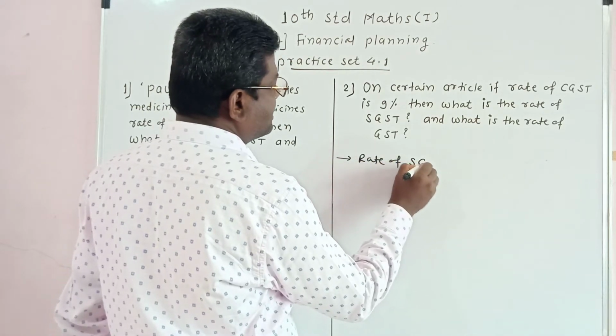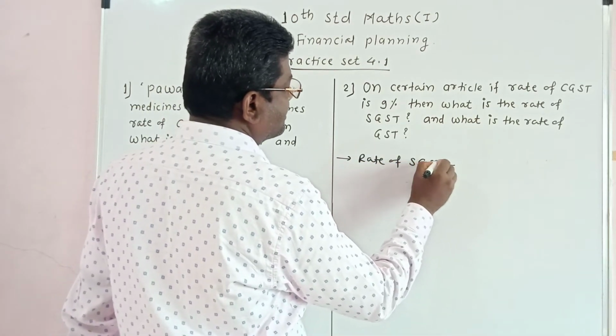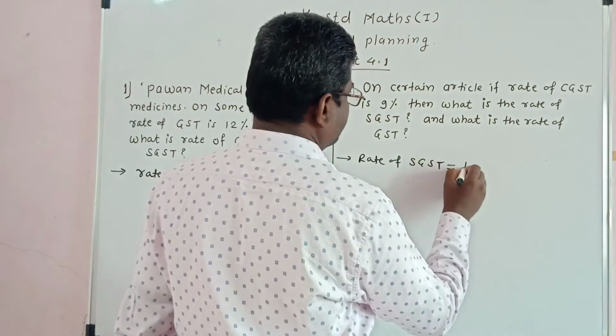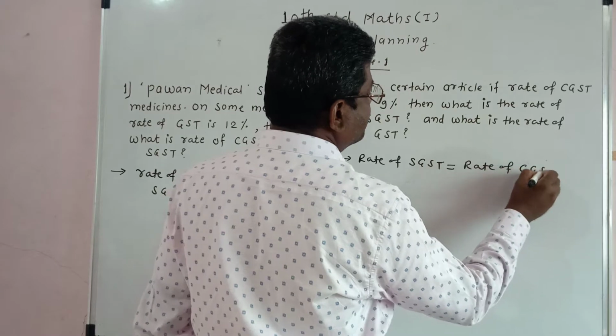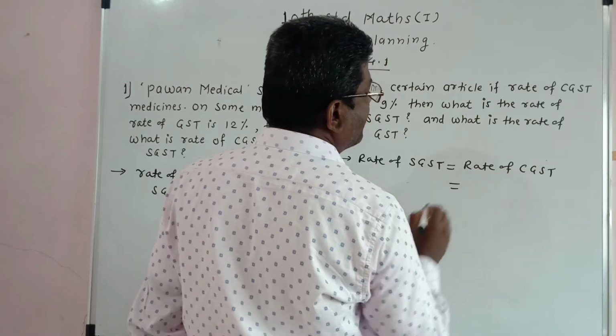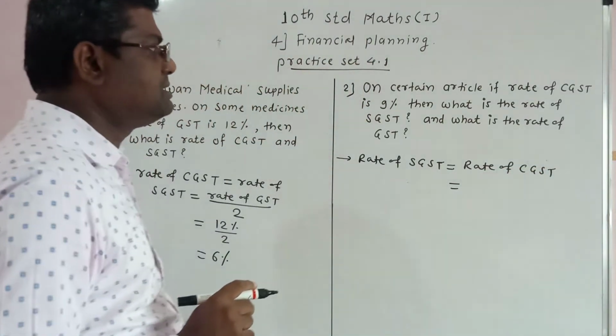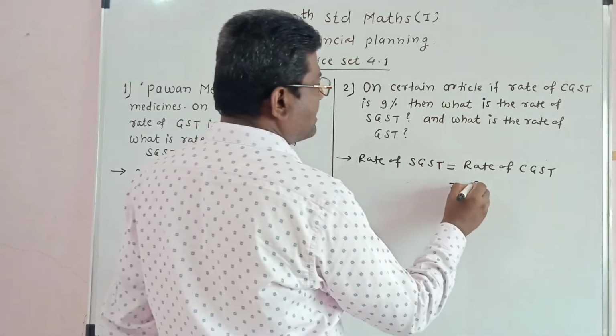Rate of SGST is equal to rate of CGST, and here we have given rate of CGST 9%.